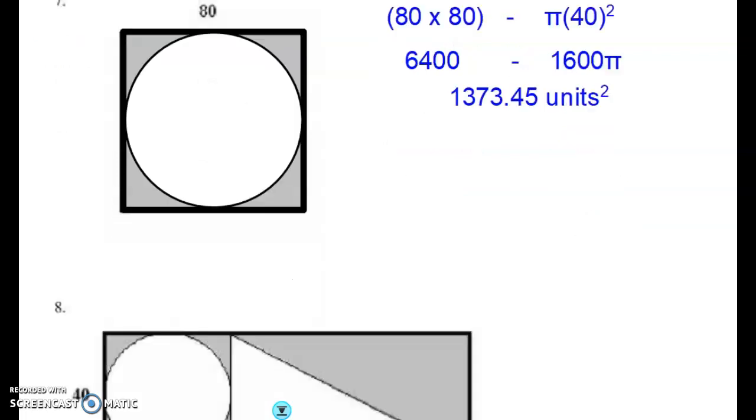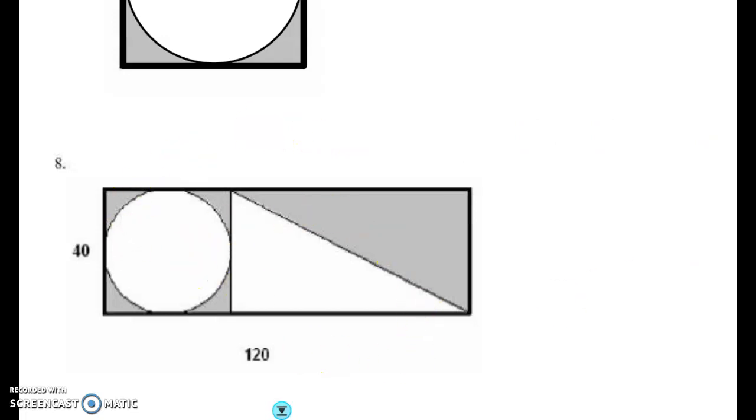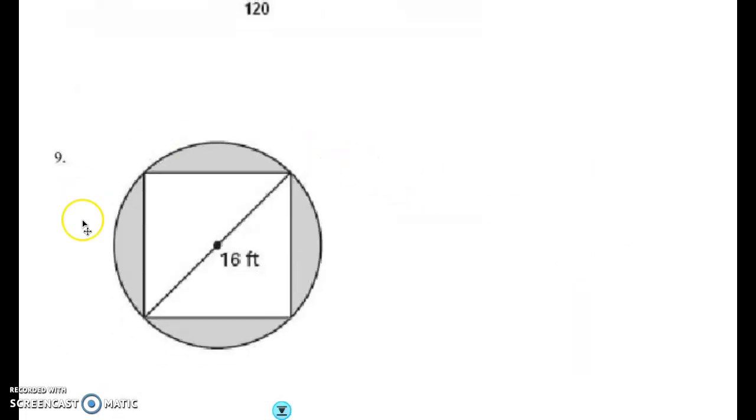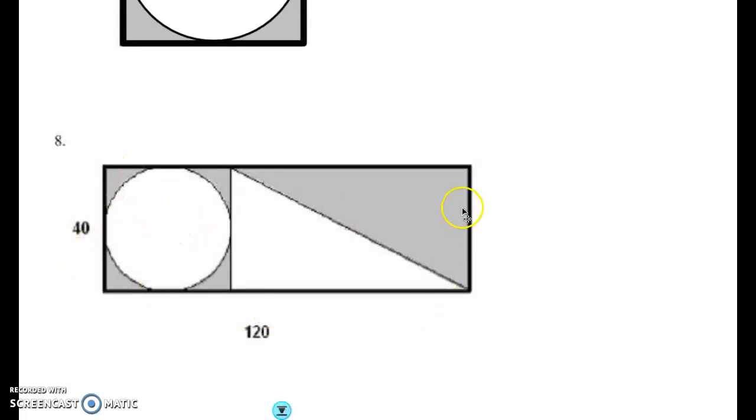What I'd like you to do is problem 8 and also problem 9. Now let's talk about this. This is a big rectangle, and then you're going to have to take away the circle and also take away this triangle. Now there are many different ways to do this problem. It's up to you, but I know the radius of this circle, just like the problem above.